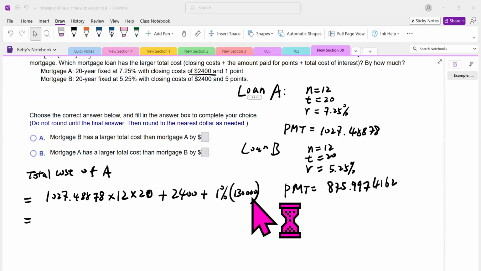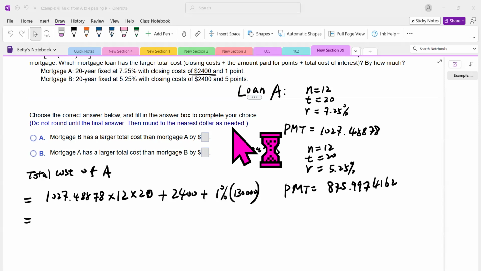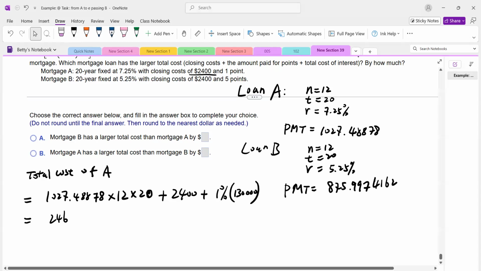I don't know if you can see it since it's two different apps. 1027.48 times 12 times 20 gives me $246,597.3072.